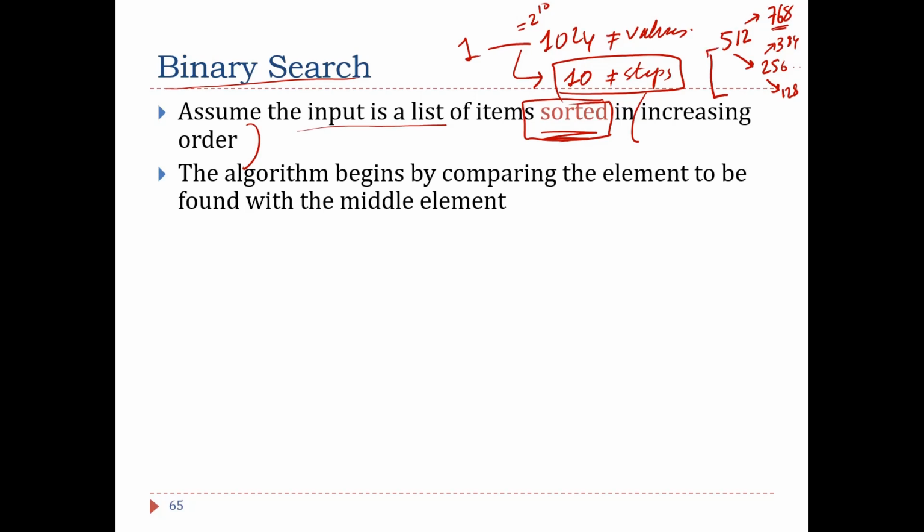So after the first guess, if they tell you that the number is less than 512, it means that you have excluded half of the possibilities, and now you are just looking into 512 different values, not 1024.